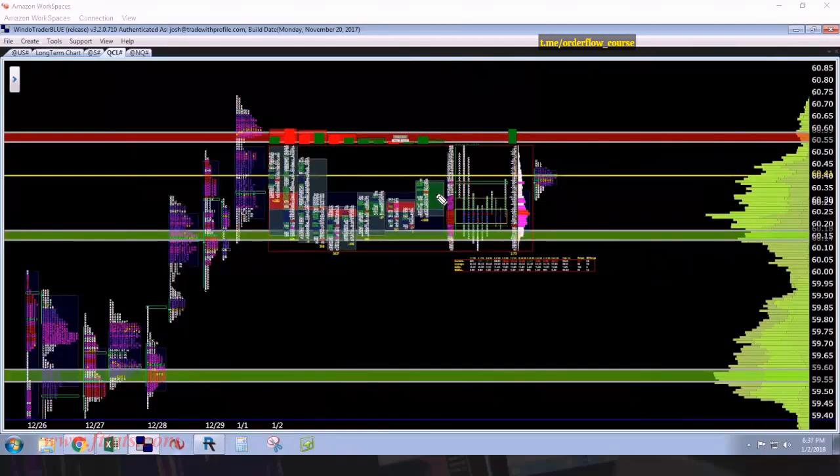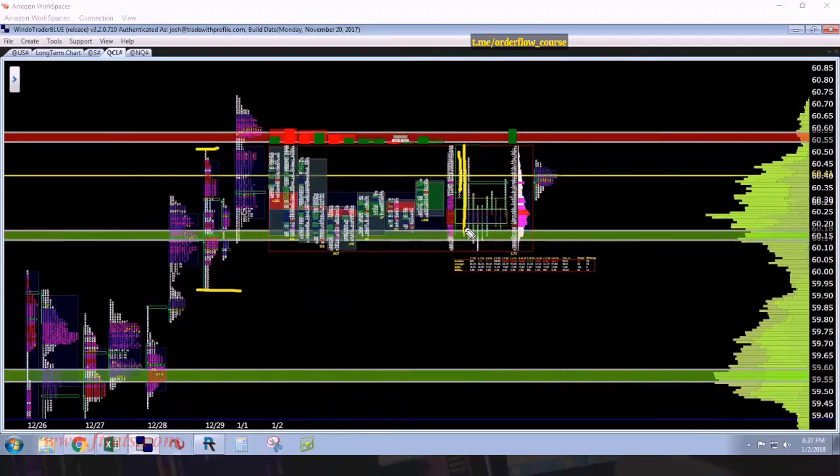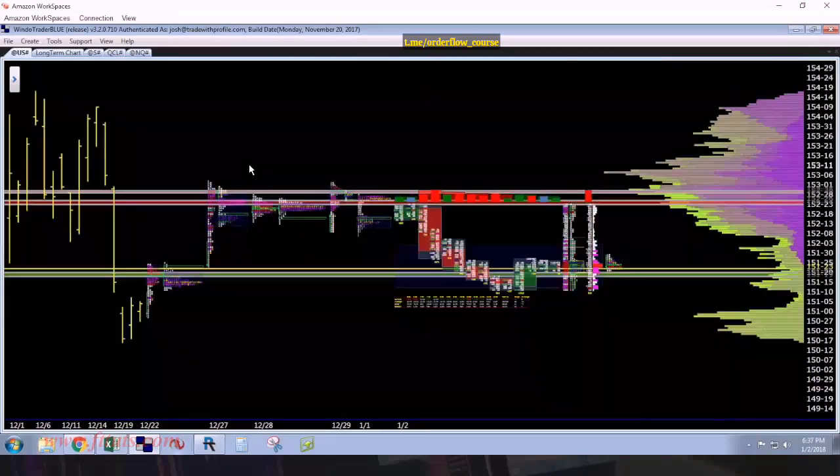But if I look at Friday's range, and I look at the A period and the B period of this, see how they overlap each other, and they are inside the prior day's range. This is an open auction inside range open type. Okay, let's look at 30-year Treasury bonds.